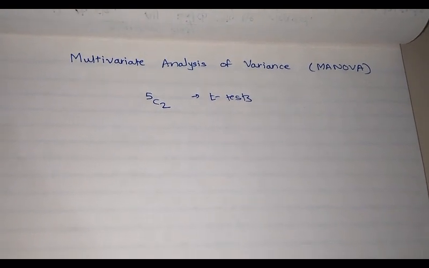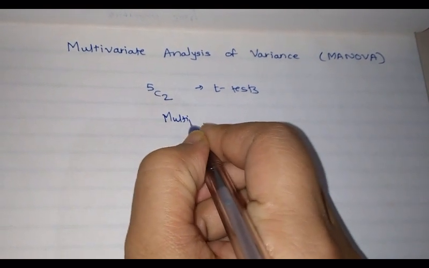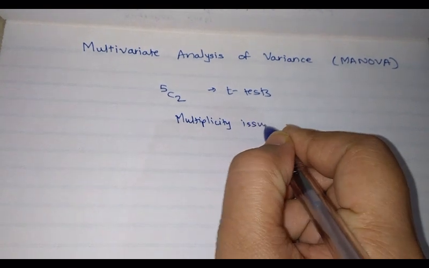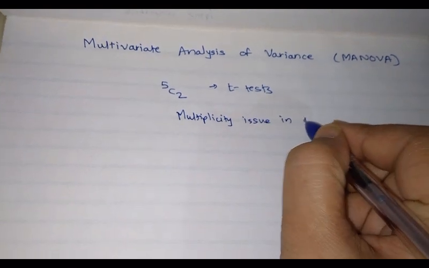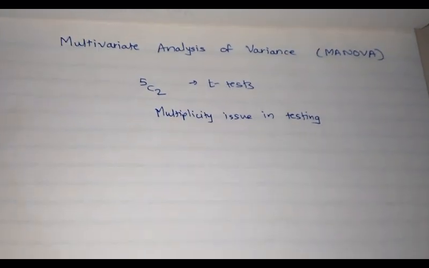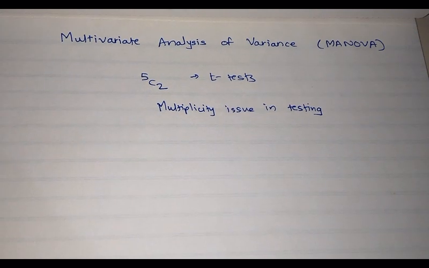One important reason is related to what is known as the multiplicity problem or multiplicity issue in testing of hypothesis. Now what is this issue? See, all of us know that no statistical test is 100% perfect.